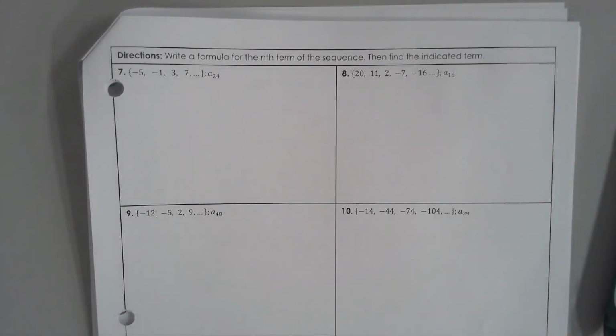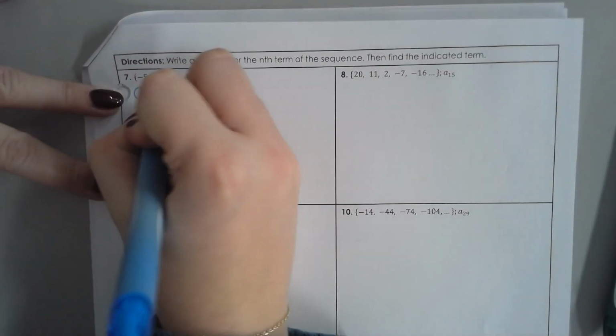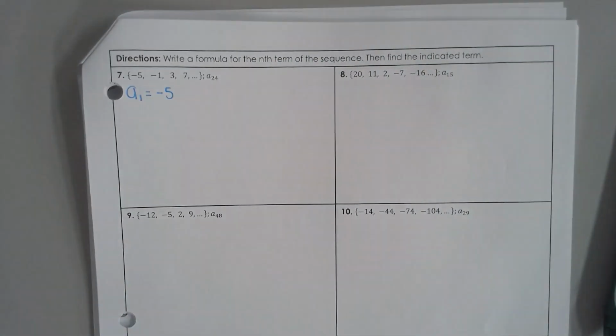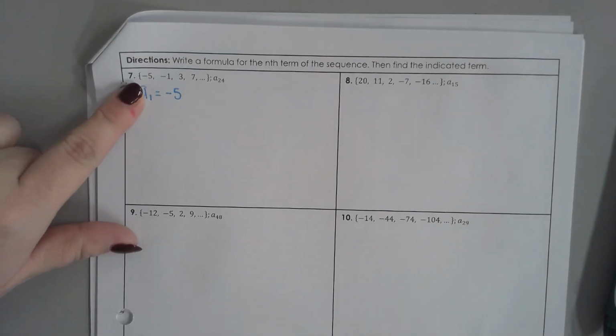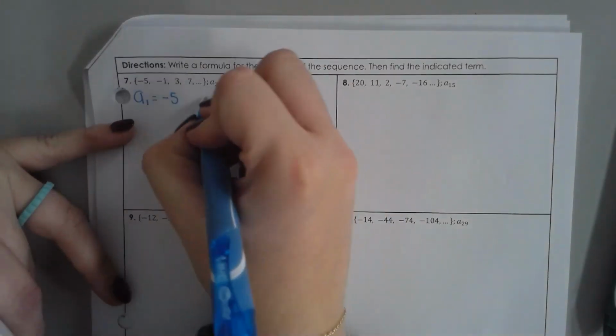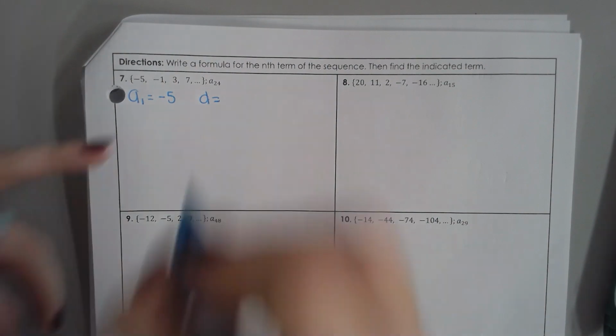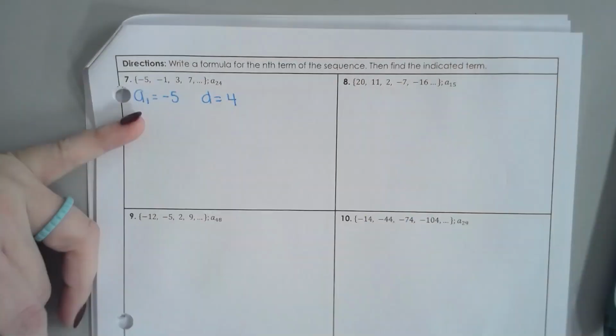So, Clayton, what is my A1? A1 is my first term. The first number in my list is -5. Very good. All right, Alexander, what is my common difference? 4 is correct.